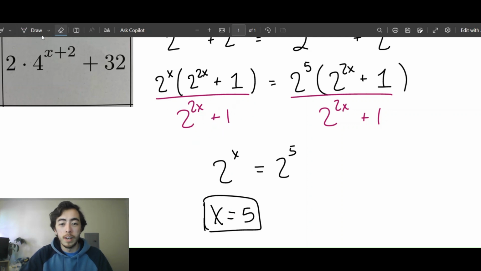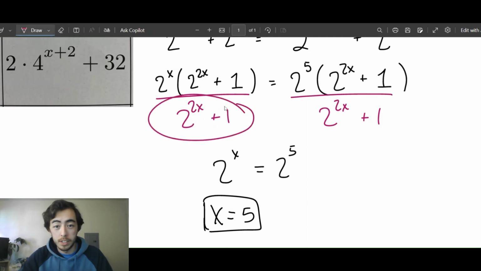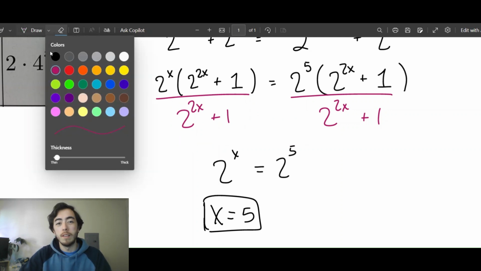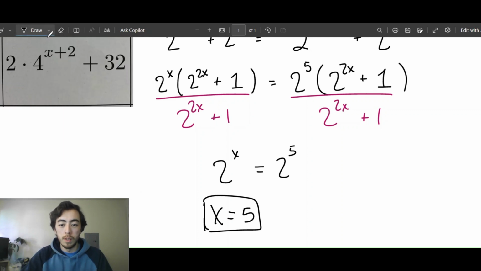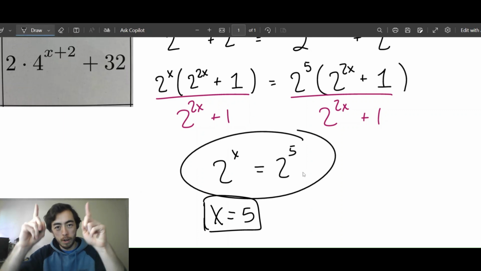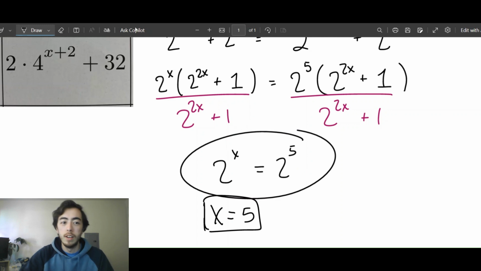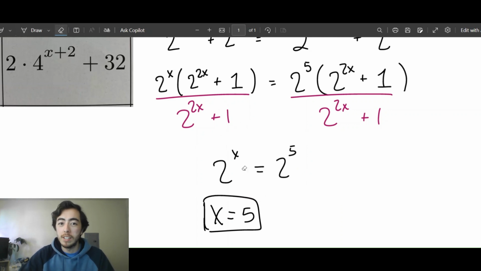I'm never going to be dividing by anything negative, actually, no matter what the value of x is. But importantly, I'm not dividing by the value of 0. So this algebra step is valid. I can divide both sides by that factor. And then I'm just left with a pretty easy equation here. We can compare the exponents x and 5, which shows that x is 5 for today.